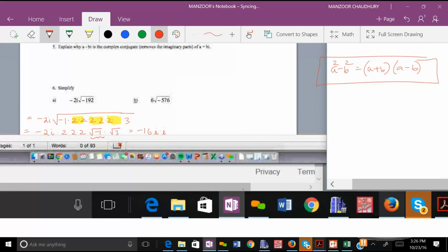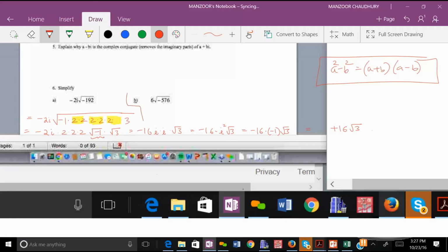This one is another i, times square root of 3, which turns out to be negative 16 times i squared times root 3, right? i squared is negative 1, so negative 16 times negative 1 times root 3, which turns out to be positive 16 root 3. Is that clear? Any confusion on this?